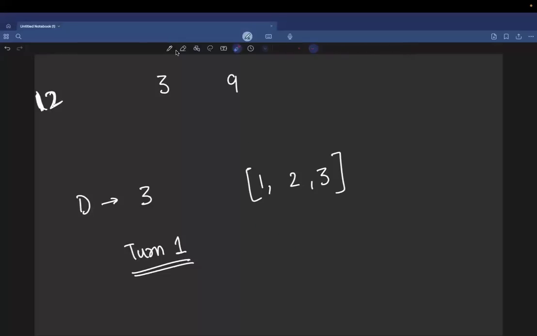Now let's say Alice won. Alice got a larger number and she won, and she removed a stone from this pile. And then turn two will start.